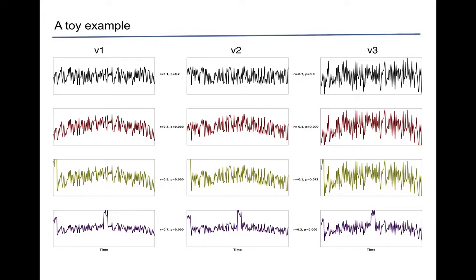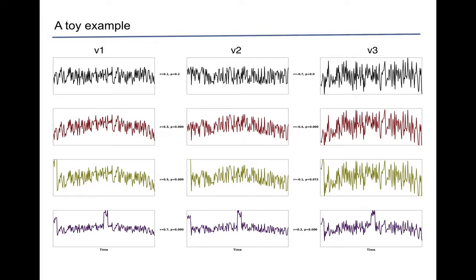If you look at the second row, I added some low frequency fluctuations to all three of them to different extents. As you can see, in the new correlation values, I have some positive correlation between V1 and V2, and now it's significant. And between V2 and V3, it became less negative.